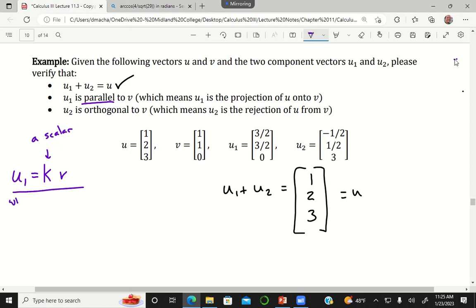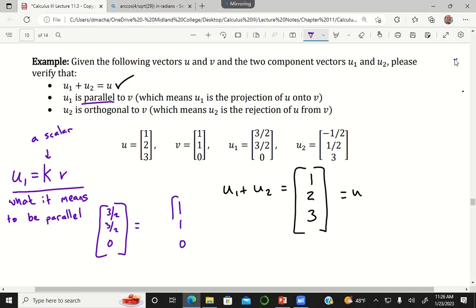This is what it means to be parallel. Okay, well, U1 is 3 halves, 3 halves, and 0. V is 1, 1, 0.